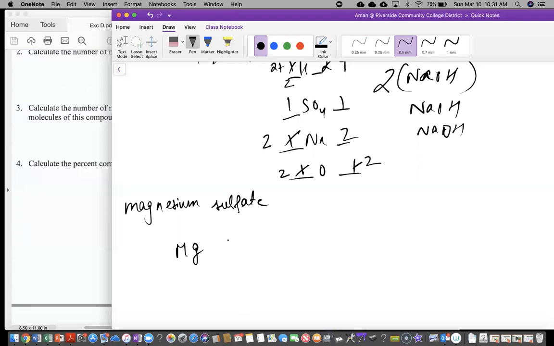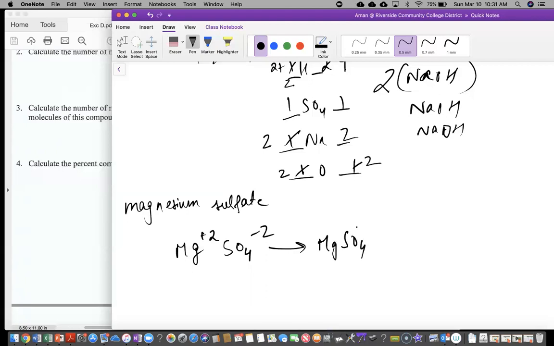Sulfate is SO4 2-. What is magnesium's charge? Isn't it +2? Yeah, right. So when I make the formula, what will be that formula if you do the crisscross, you see +2 -2? It's just MgSO4. Right.